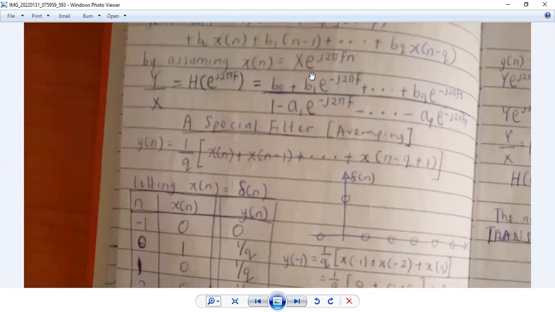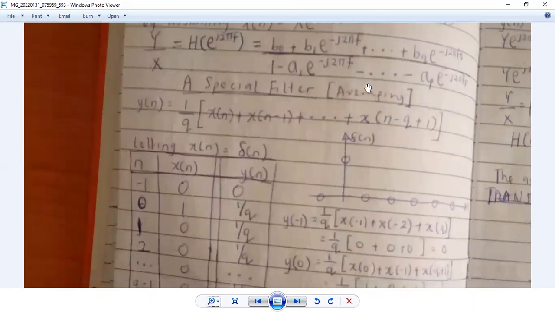So we look at another type of filter. We call it the averaging filter. It's given by this equation. So the output just depends on the inputs and the past values of the inputs.